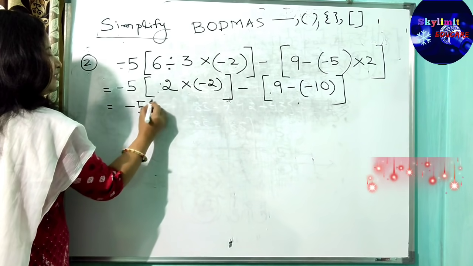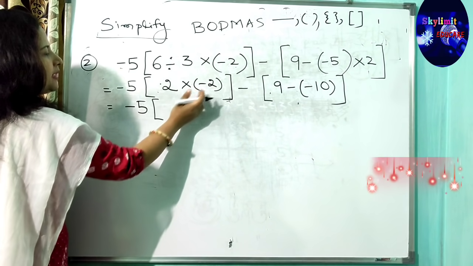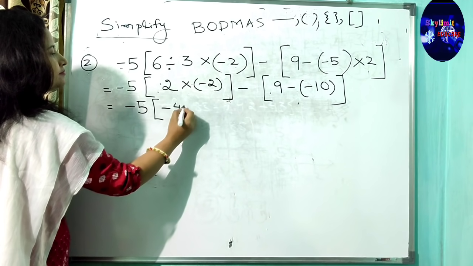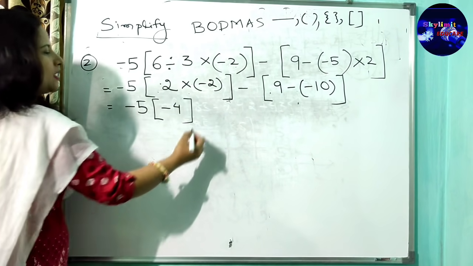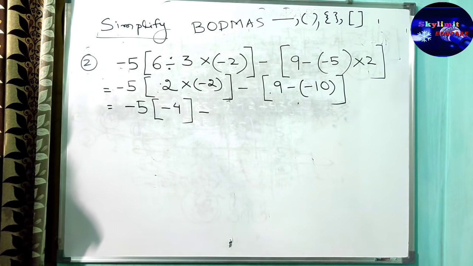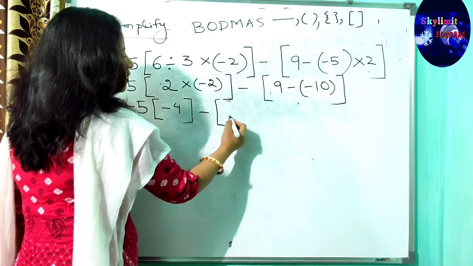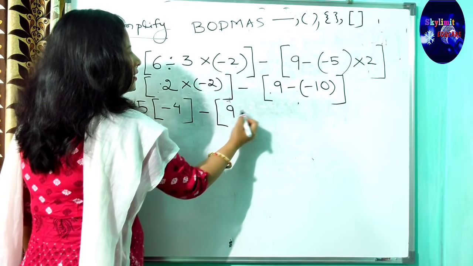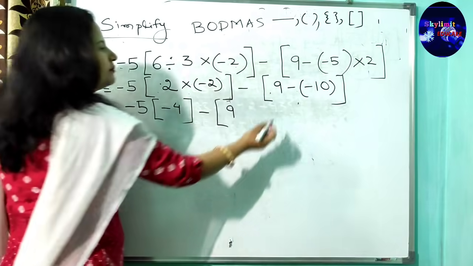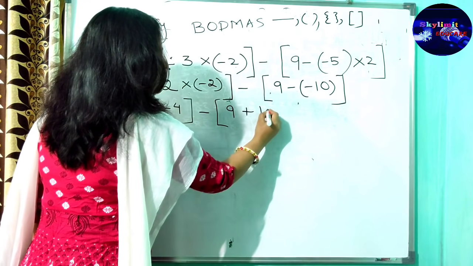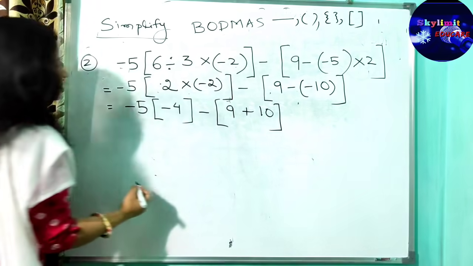Next, minus 5. Now, 2 multiplied to minus 2 is minus 4. Already I know you are well aware with the rules, so I have no need to repeat it again and again. Now open the bracket by multiplying the sign. Minus multiplied by minus will give you a plus 10. Clear?